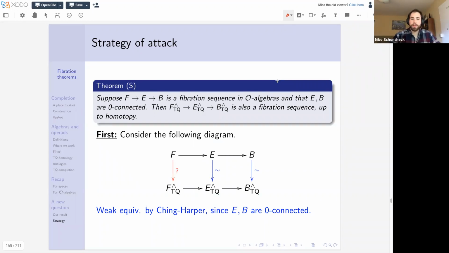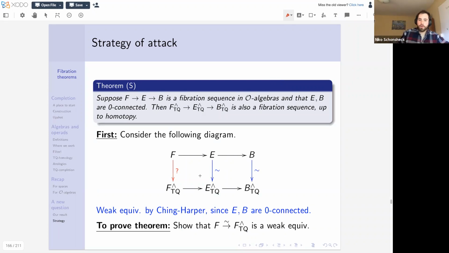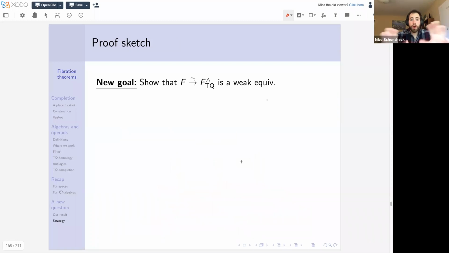What we don't know about is this guy. And the strategy is to just show that that's a weak equivalence. If it is, then this lower sequence is weakly equivalent to a fiber sequence, and life is good. So the new goal is just to show that we have a weak equivalence here.